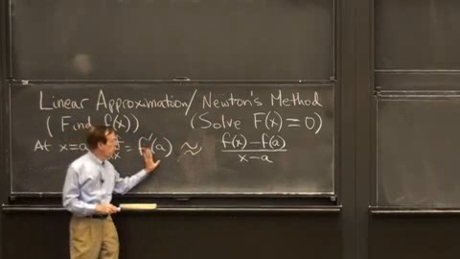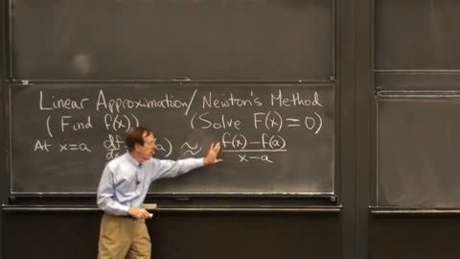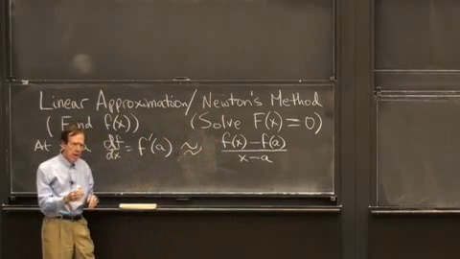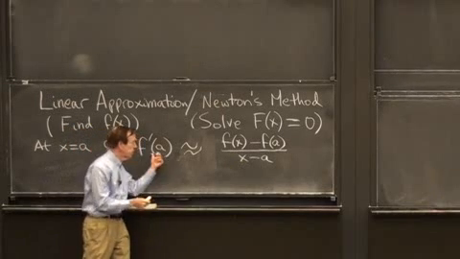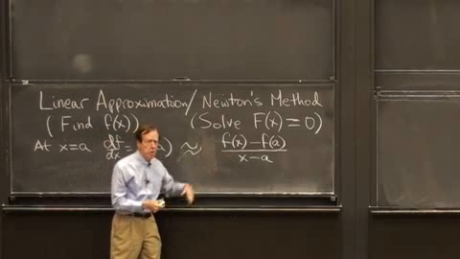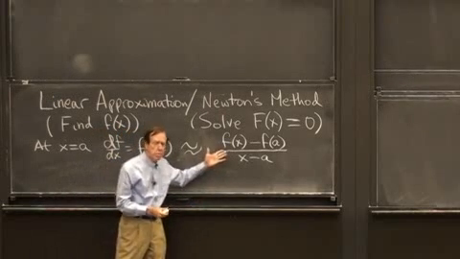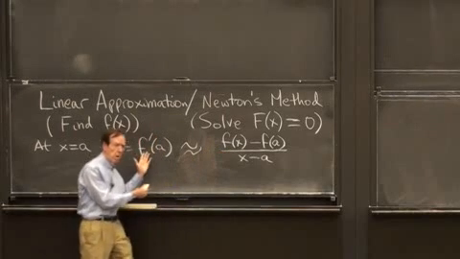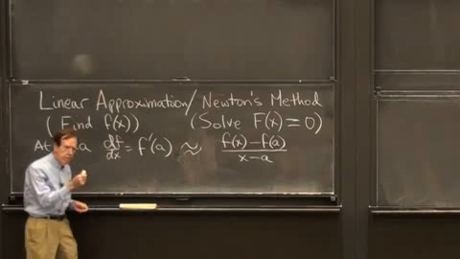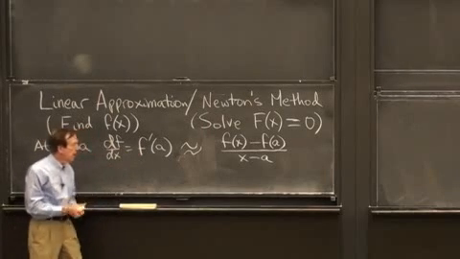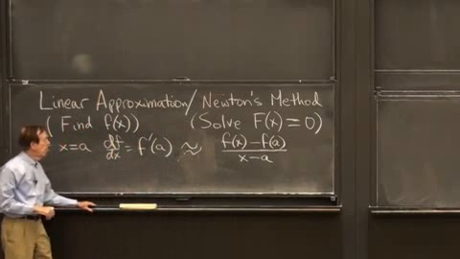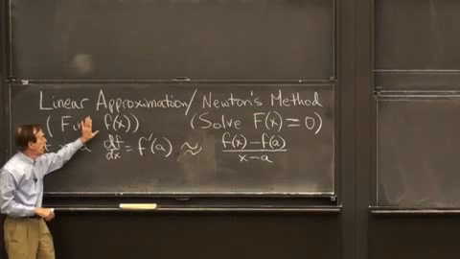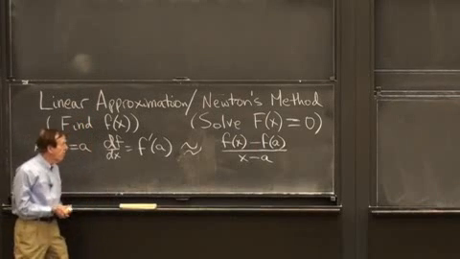So the slope, this delta f over delta x, is not the same as df dx, but if x is close to a, this will normally be close to the correct slope, the instant slope at the point. I'm just going to use this approximation to find a good approximation for f of x.